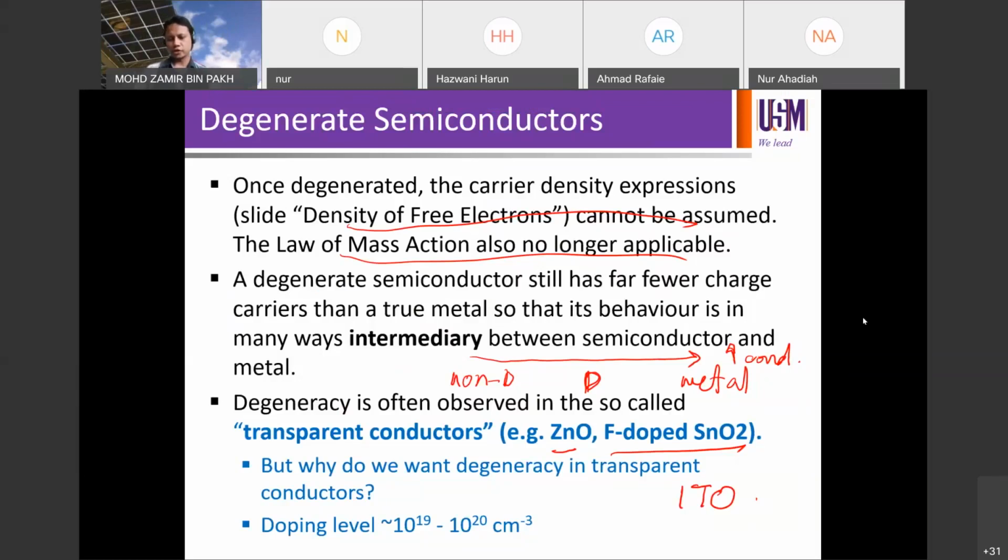So what do you call those? Metals, right? So they are metals. When we talk about conductors, we normally talk about metals. But we also have another form of conductors, which is this, degenerate semiconductors. So it's also a form of conductors, and it's also transparent at the same time.